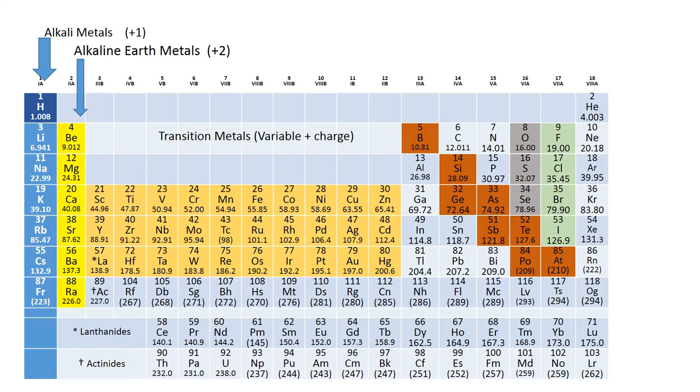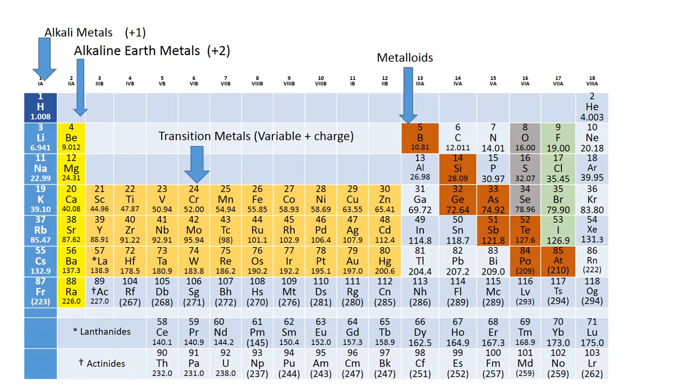And so those are the transition metals, going from column 3 through 12, or 3B through 2B. The metalloids, we've talked about: boron, silicon, germanium, arsenic, antimony, tellurium, polonium, astatine.